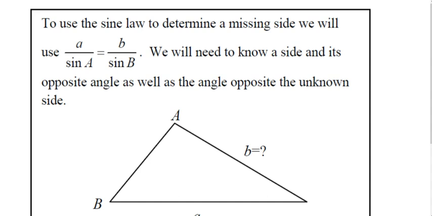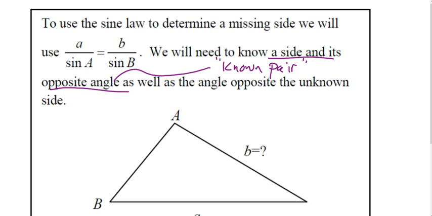To use the sine law to determine a missing side, we will use A over sine A equals B over sine B. So we only have two of the three things, right? Because you're solving for one thing. We will need to know a side and its opposite angle. Okay, that's the known pair.